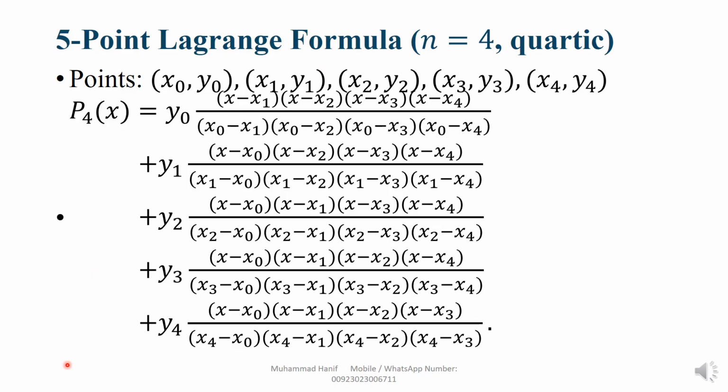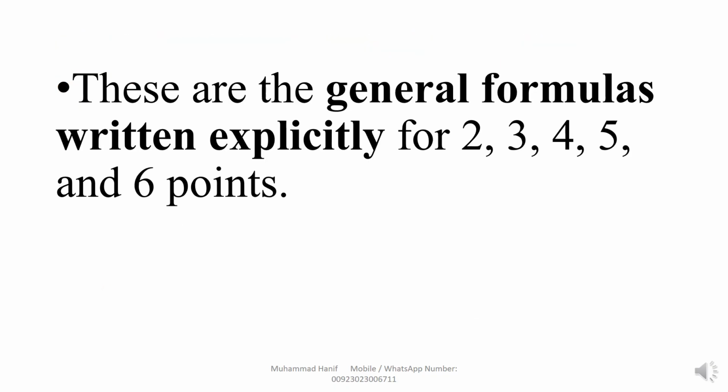If we want to solve Lagrange formula, then you must remember how many points and how many formula we will use. These are the Lagrange formulas written explicitly for 2, 3, 4, 5 and 6 points.